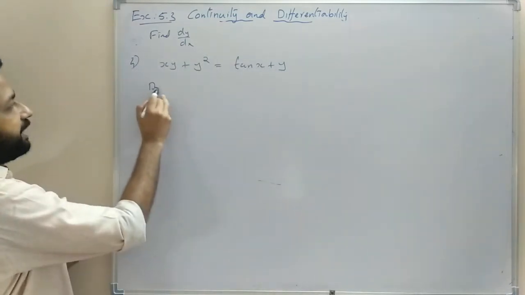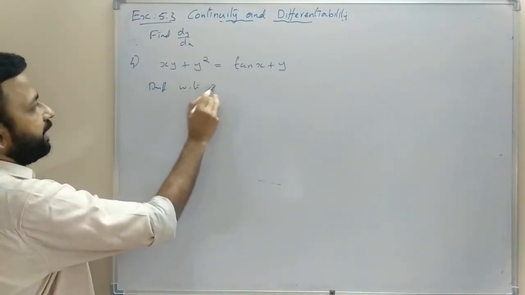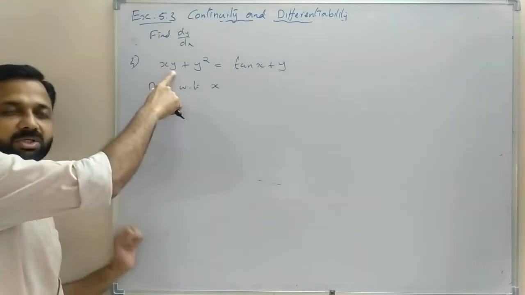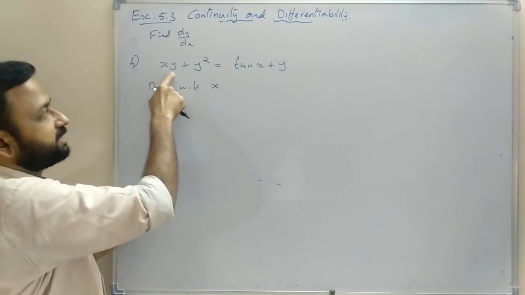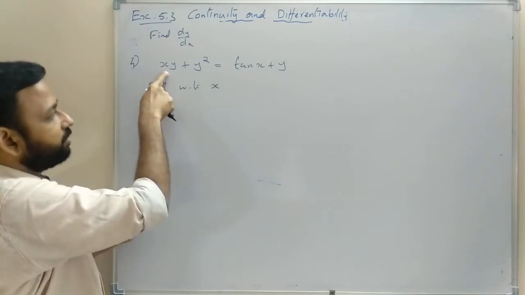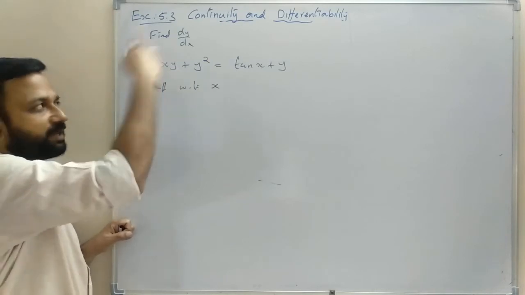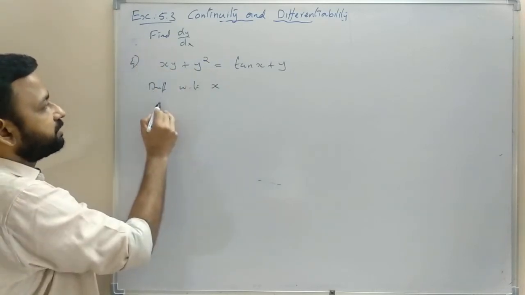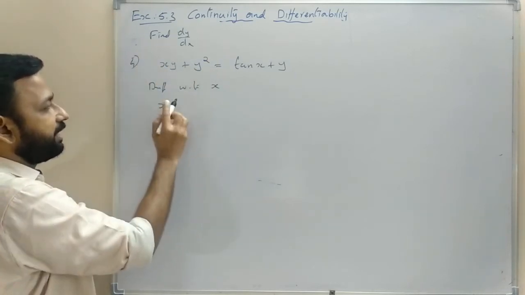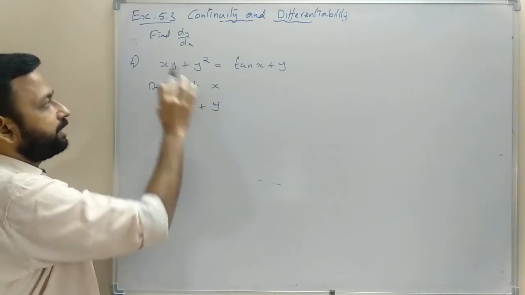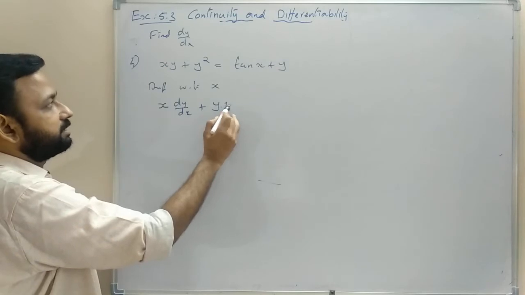Then differentiate with respect to x. So we can find a derivative, and here we need to apply product rule. This is product of two functions, x into y. First function into derivative of second plus second function into derivative of first. So x into dy by dx plus y into derivative of x, that is 1.